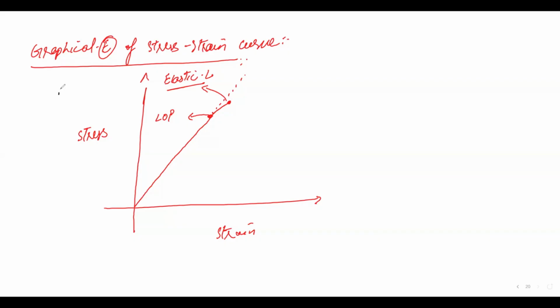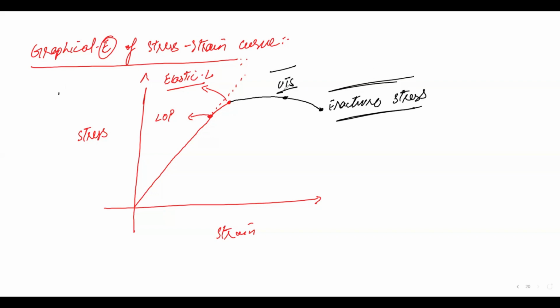Exactly. So whenever you say an object is elastic, it means the object can regain its original shape after the removal of the forces, right? Then after this point, the graph just moves like this. This is going to be the UTS, or the ultimate tensile strength, right? And this point is going to be the fractured stress. Got that?